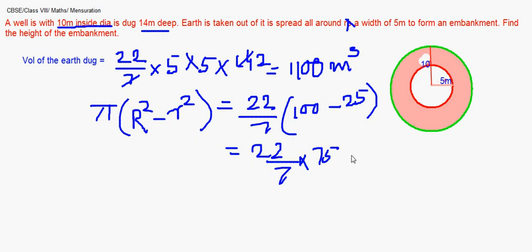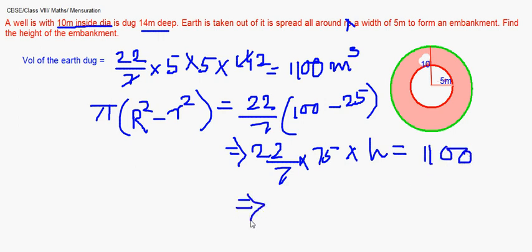because the volume of the embankment will be, I had told you, again pi r square h. So this is pi r square h, suppose, let it be h. This volume is equal to the volume which we had calculated, 1100.